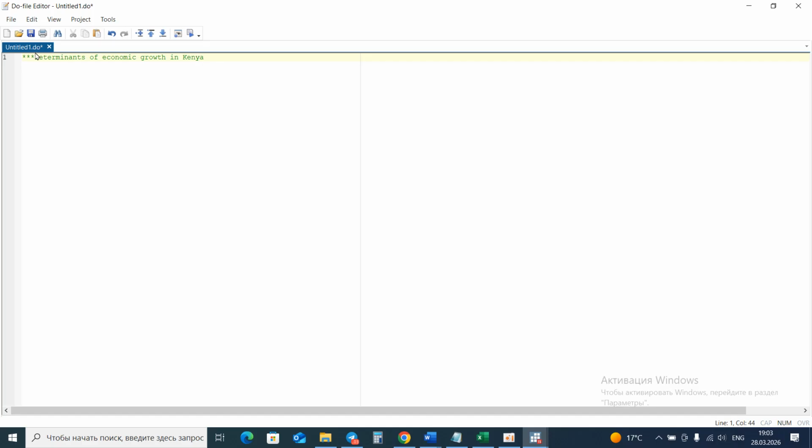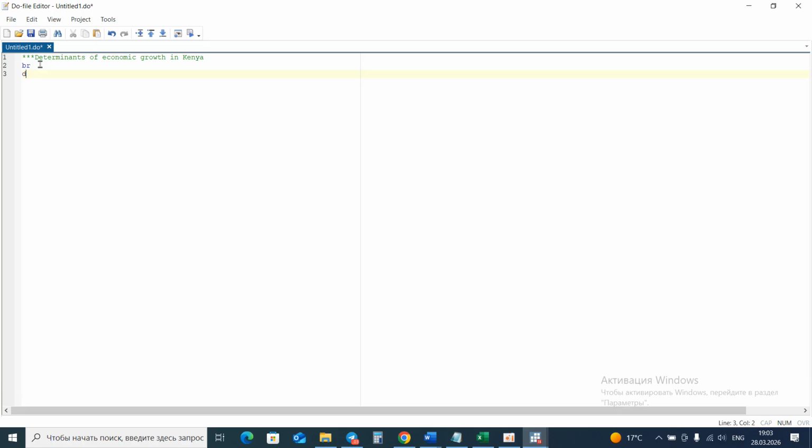We have to put 3 stars here so that Stata can understand that this is the title, not a command. If we don't put, it will be black, while if we put it, it will be green. So in a black one, these are real commands.